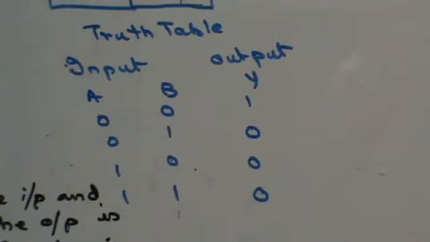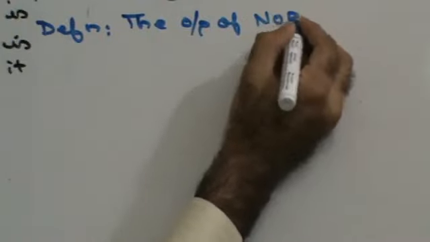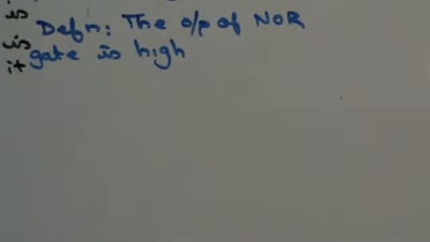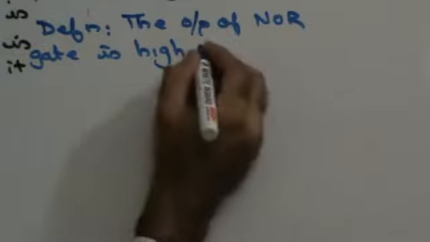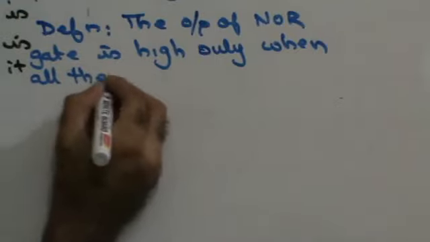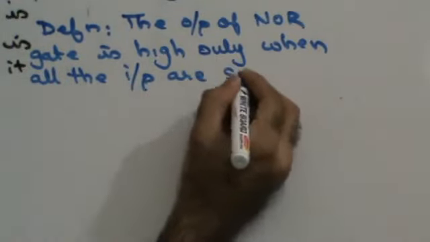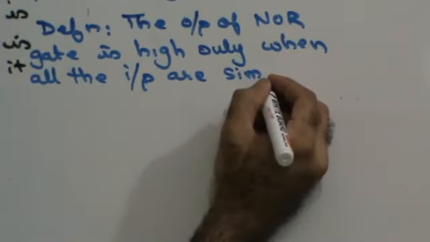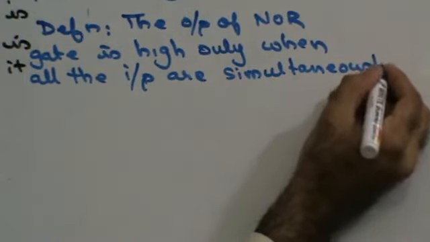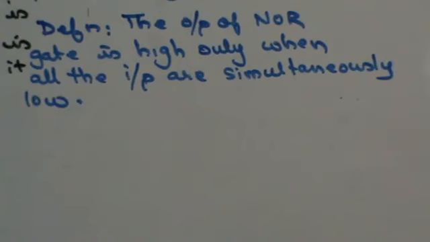If they ask you the definition of NOR gate, the output of NOR gate is high only when all the inputs are simultaneously low. That's your NOR gate, right?